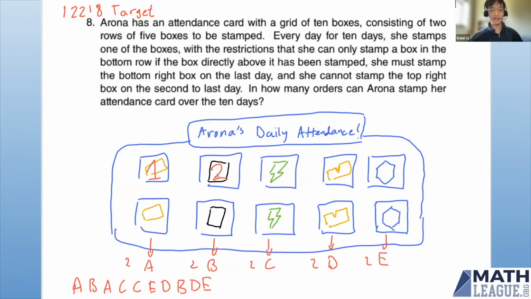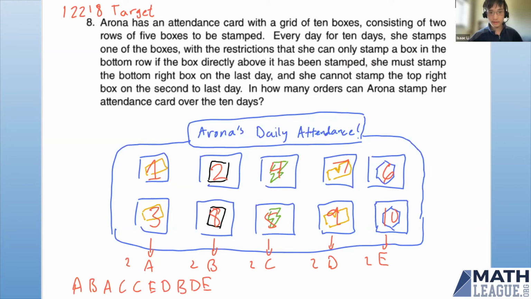So this is going to be the next stamp over. Then our next stamp here, this is our second A. So it's going to be the second stamp in this column. So this is going to be third. And we can keep on going like this. So this is our example. 5, 6, 7, 8, 9, 10. Okay, so that's how I can stamp these in order, and that takes care of the first condition.